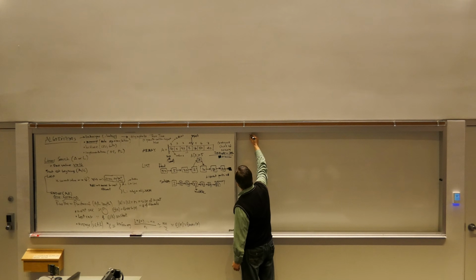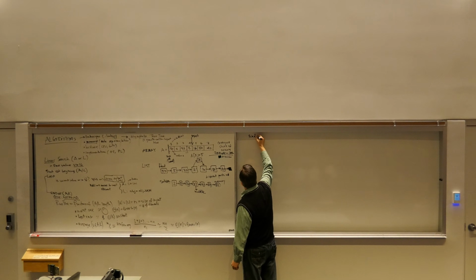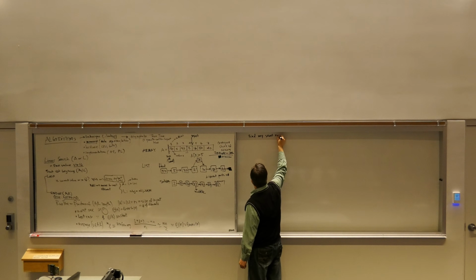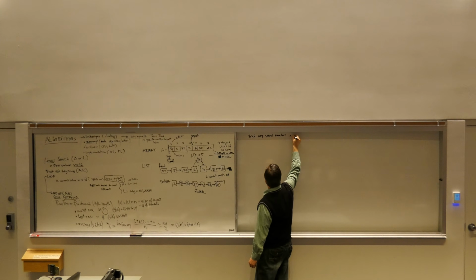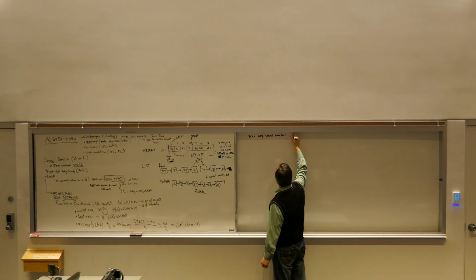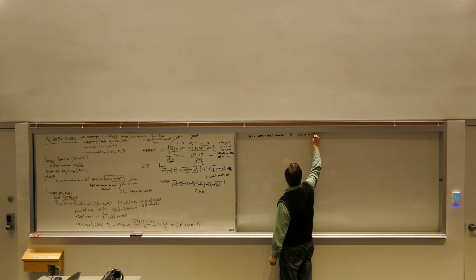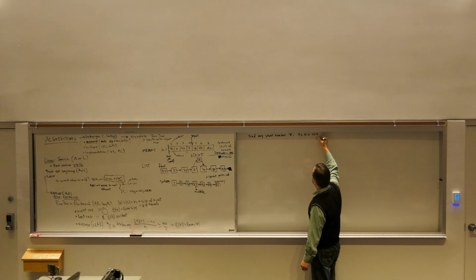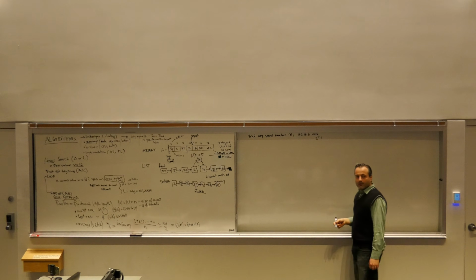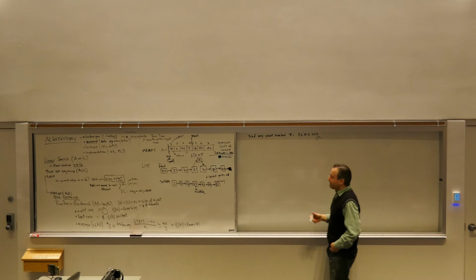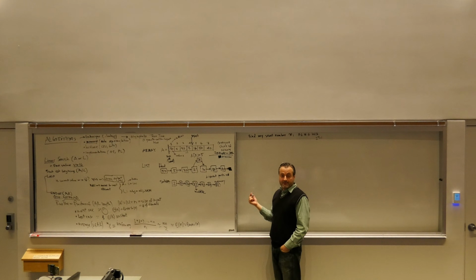So say I have to find my secret number x that is between 0 and, I don't know, 1023, say that's 2 to the 10 minus 1. I pick some random value, and to find my secret number, I know the number.